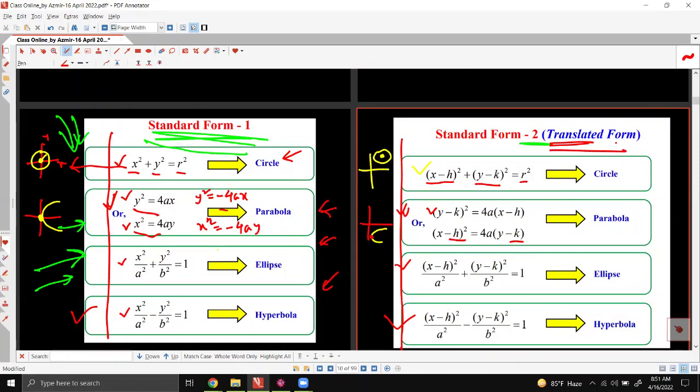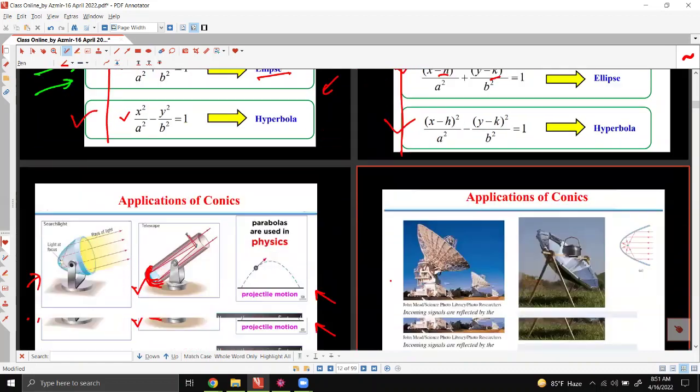Whenever we have h and k, that means the vertex of the parabola is shifted or translated from the origin. See this figure. Or let's say for an ellipse, the center is not at the origin. If we have h, k, the center will be at other points except the origin 0, 0.